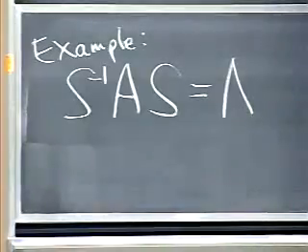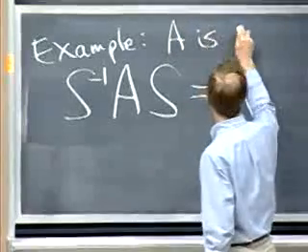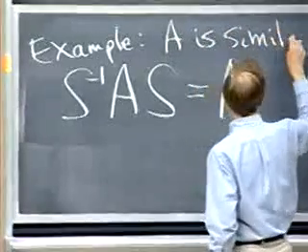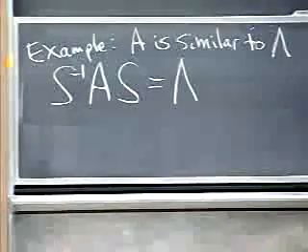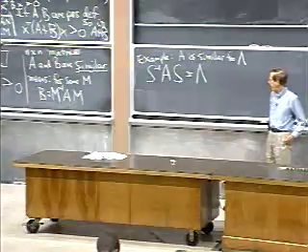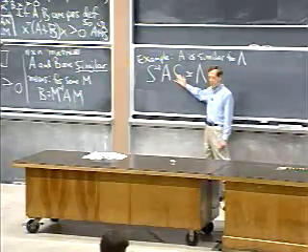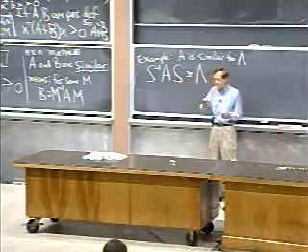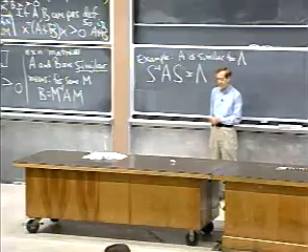So in our new language, this is saying A is similar to lambda, because there is an M, and this particular M is this important guy, this eigenvector matrix.